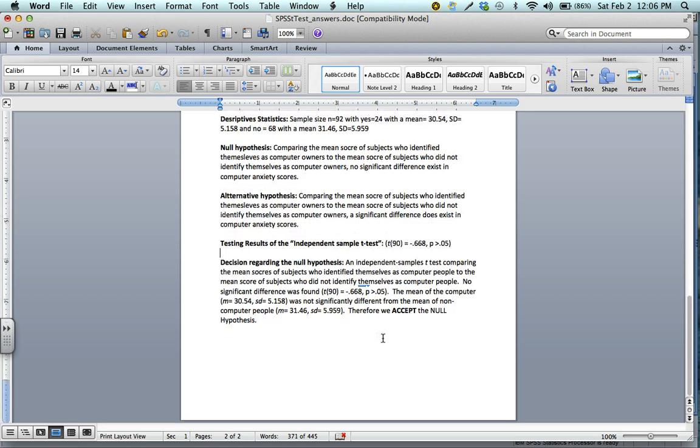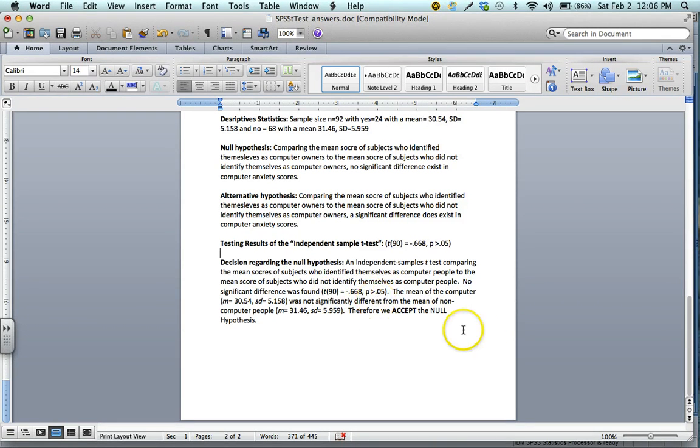So the decision regarding the null hypothesis: an independent sample t-test comparing the mean scores of subjects who identified themselves as computer people to the mean score of those who did not identify themselves as computer people. No significant difference was found, meaning that essentially the means were the same. And there's the reported statistic right here.